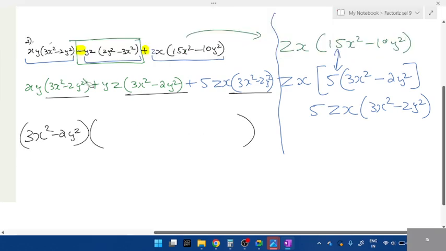See, let me show you all. Just imagine all this is gone. What is left? xy plus yz plus 5zx. That will be the remainder. Is this clear? Understood how to solve? Okay. xy plus yz plus 5zx is the answer.